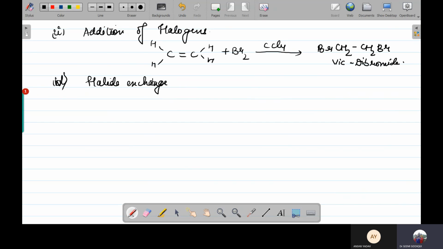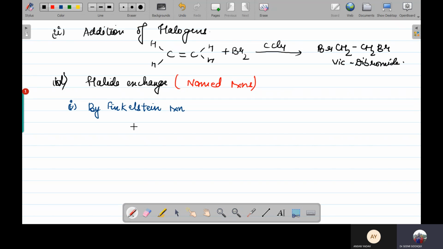Now, this halide exchange reaction comes under the category of named reactions. So let's look at what named reactions these are. The first is the Finkelstein reaction.